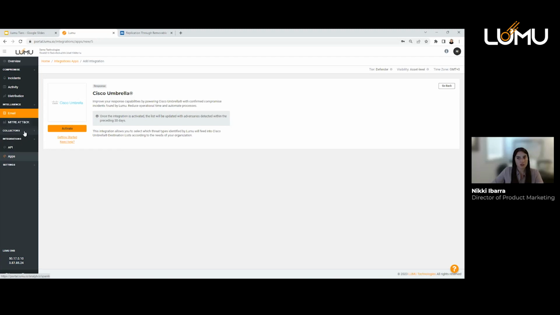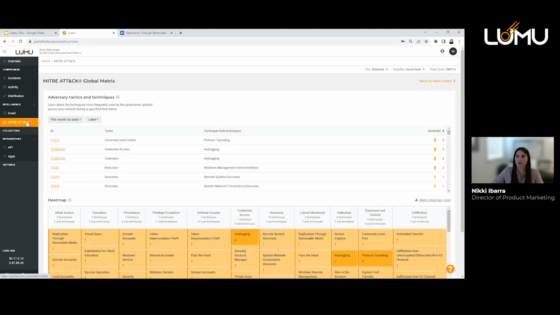Last feature that we touched on earlier, the global MITRE matrix. I know that you saw the MITRE matrix within the incident, but a new feature that we have under our threat intelligence section here is the MITRE ATT&CK global matrix. Now, this one's different than the one you saw in the incident, because that one focused on that particular IOC, that particular incident, how you're being targeted there.